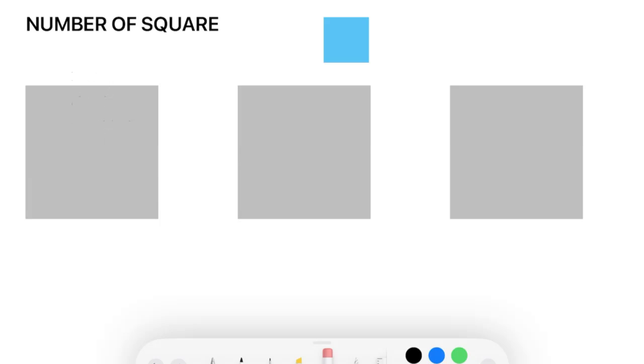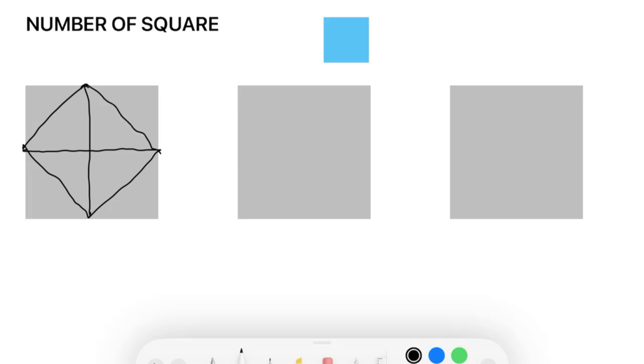So I draw 1 horizontal line, 1 vertical, and then I do this. This is also very well understood, and then I do this. What happens now? Now there are 2 layers of figure that we need to understand. One layer is simply this figure, which in combination with this is 5.